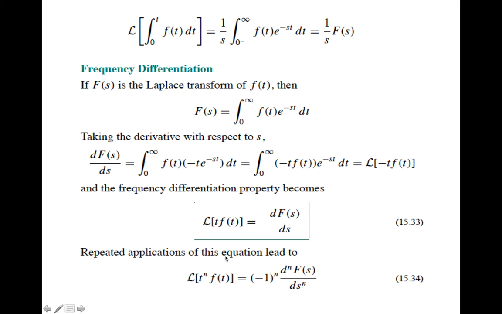And this can be done repeatedly, so if you have t to a higher power, then you just take minus 1 and raise it to the power n, and then you take the nth derivative of F of s. So this is the property of frequency differentiation, which is multiplication by t in the time domain.